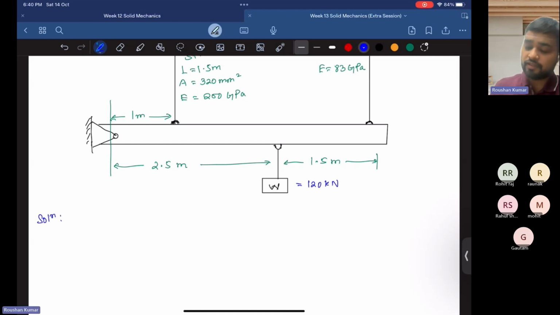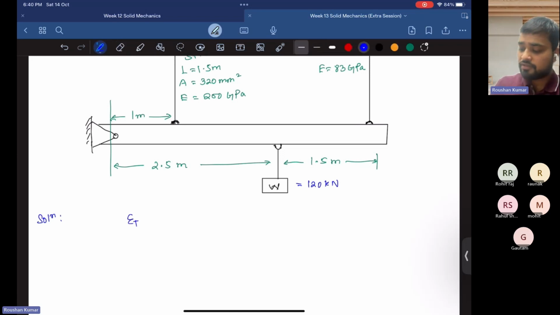Okay, so first we have to calculate the value of thermal change in length for this question, which is delta T. Not thermal stress, change in length due to temperature change.